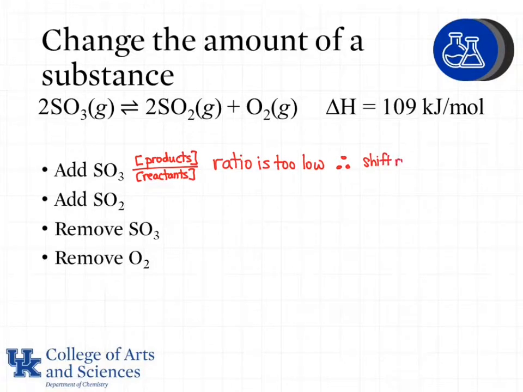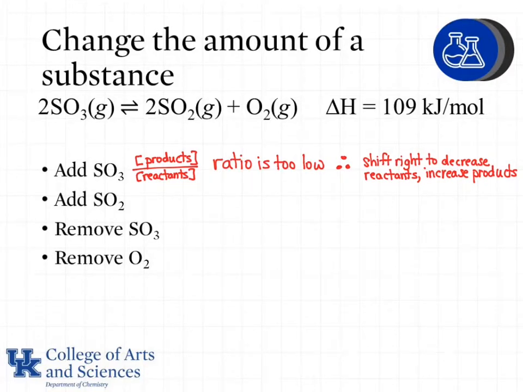Therefore, we will see a shift to the right or the formation of more products, and this will decrease the amount of reactant, so decrease the amount of SO3, and increase the amount of SO2 and O2. As we increase the amount of products and decrease the amount of reactants, we will change the value of Q, our reaction quotient, so that it returns to the value of K, our equilibrium constant.